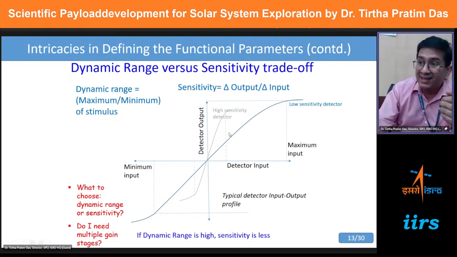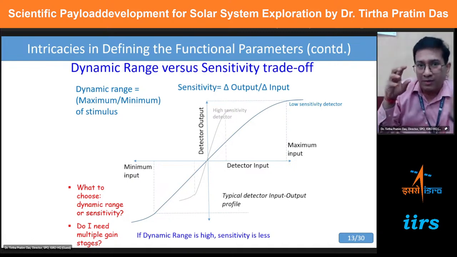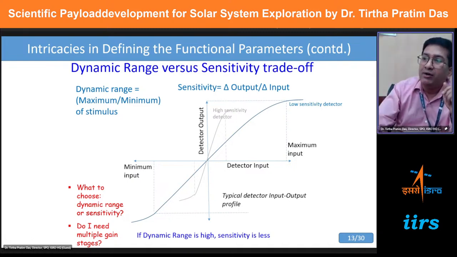Now what happens here? Every input-output curve of a detector has a linear region, and it also has a nonlinear region in the higher range and in the lower range. It is true for any detector. And when you are using a very highly sensitive instrument, no doubt you are getting a very good output from some limited input, but you are reaching your sensitivity limit.